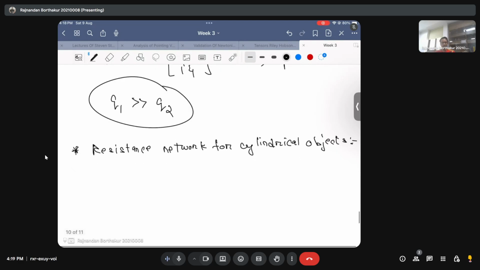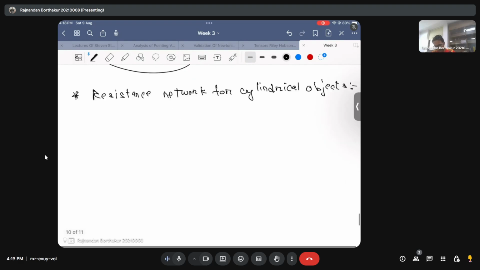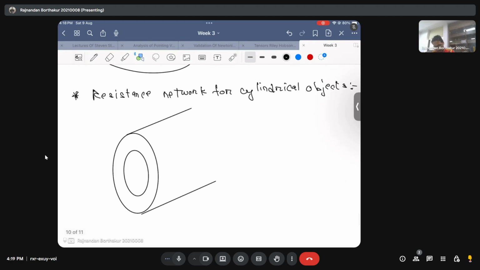Just like in slabs where your resistance was just equal to L by KA, now what we'll do is we'll consider cylindrical systems. Like, I consider a hollow cylinder of this form, let's say a heat pipe kind of thing.